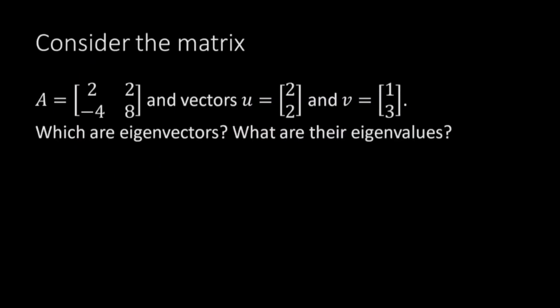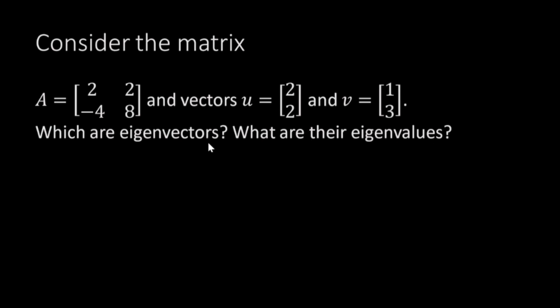Let's look at a simple problem here. We have matrix A and vectors u and v. Now the question asks, which are the eigenvectors, vector u or vector v? And then we are to calculate the eigenvalues that are attached to the eigenvector.